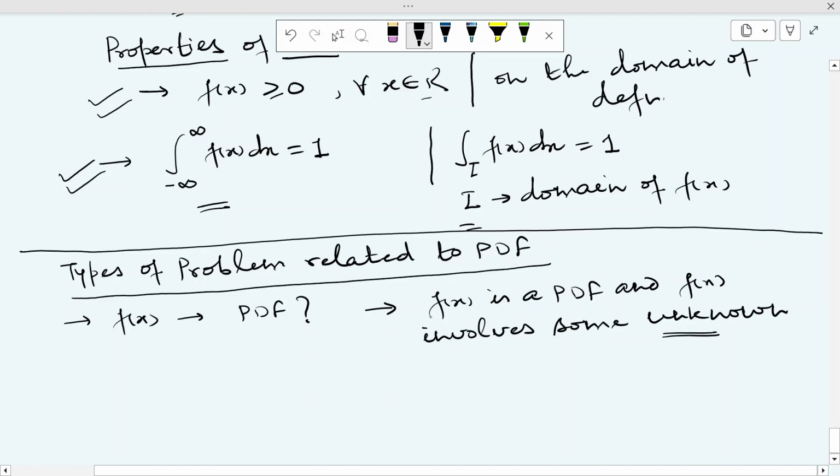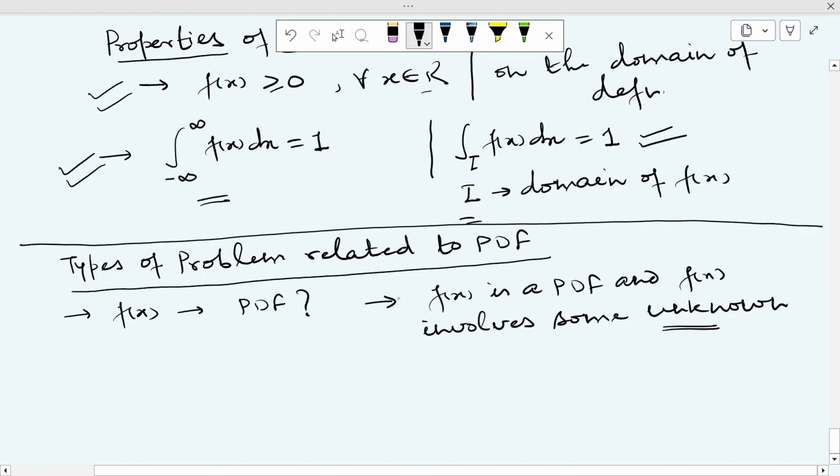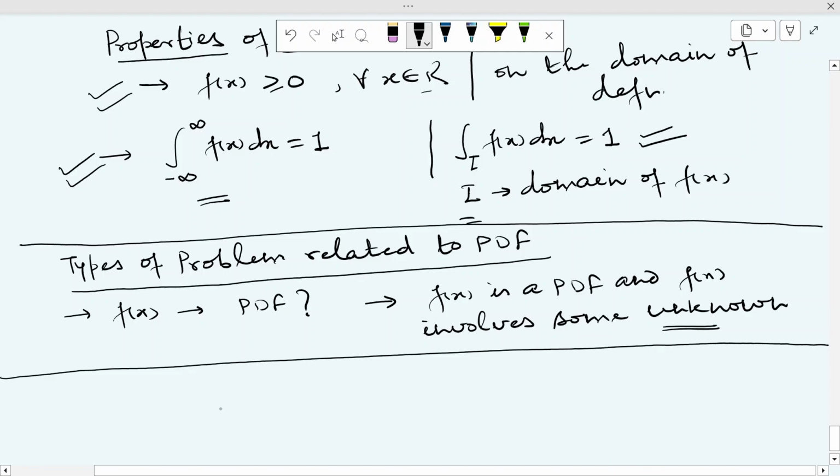In this type of problem we always use the second property of our PDF. We are well aware that the given function is a PDF, so it must satisfy these two properties, and if we integrate this PDF on the domain of definition, it will produce 1. This property helps us to determine the unknown involved in the function.